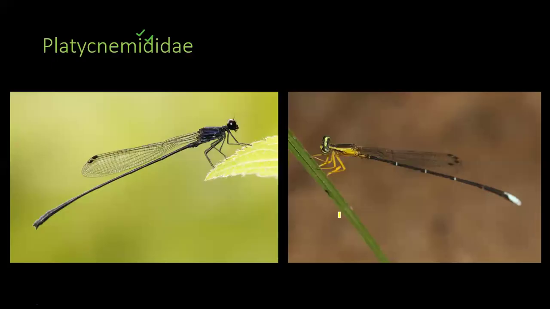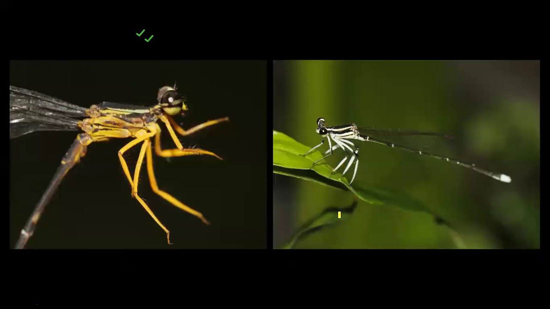Right. Platycnemididae, or the threadtails or featherlegs, are another group of common damselflies. They have multiple species again, and generally, not all species, but certain species have laterally flattened legs, which gives the name featherleg.